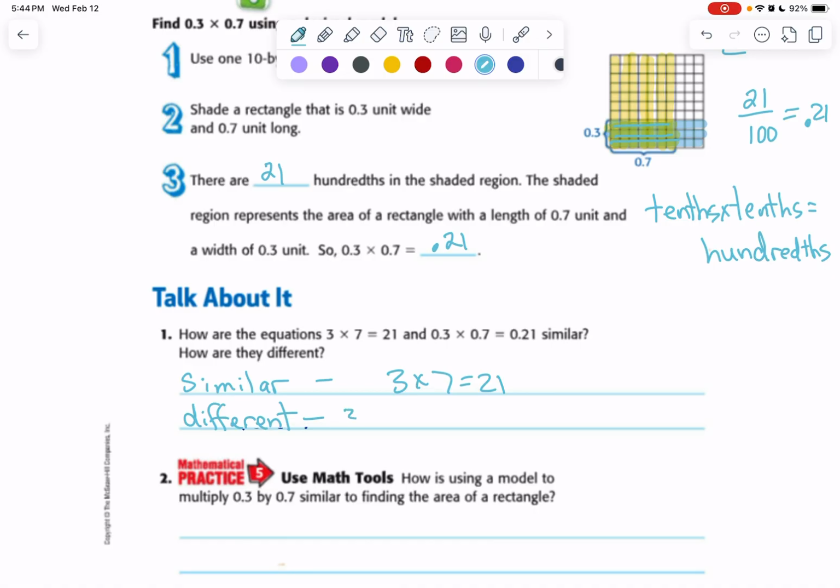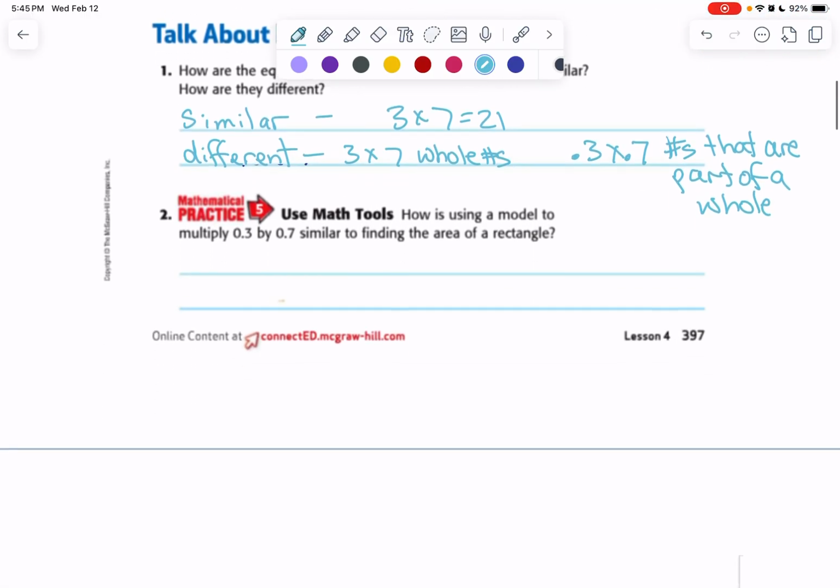Well, 3 times 7 is dealing with whole numbers. And 3/10 times 7/10 is dealing with numbers that are part of a whole. Other than that, they're pretty much the same.